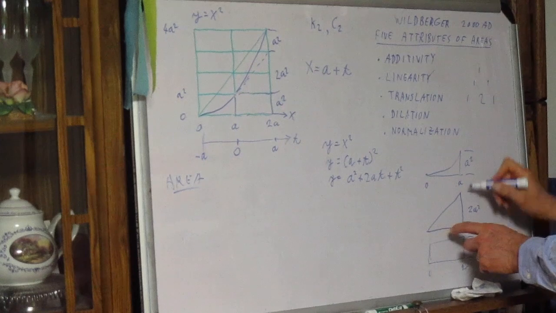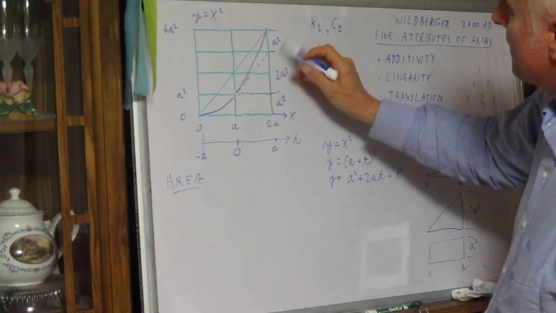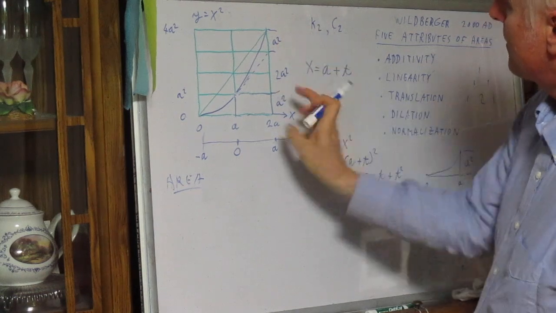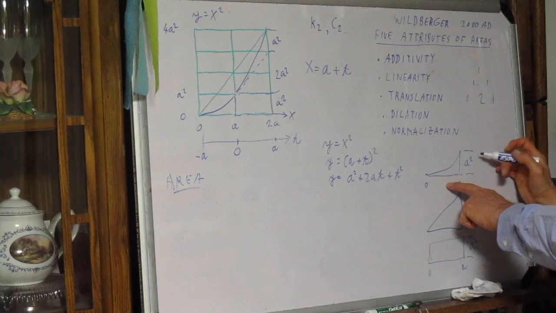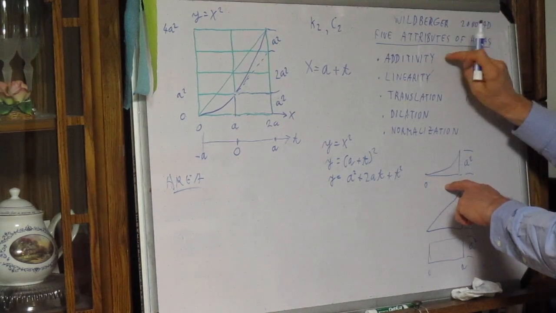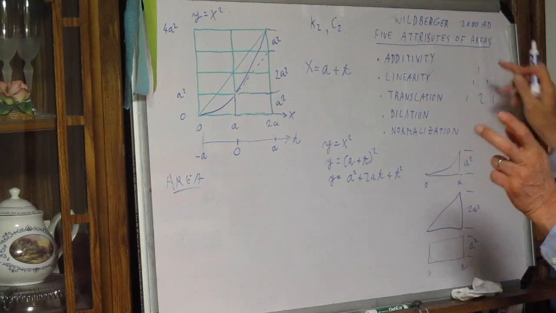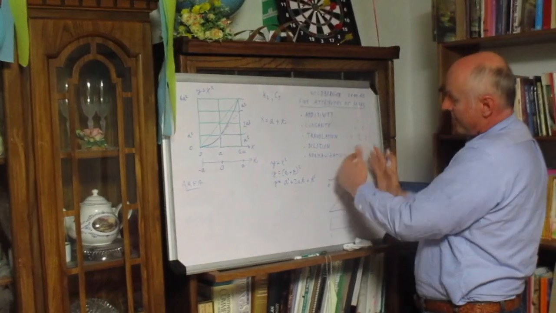Now add our triangle, 2a. It's 2a. This thing's a. And now add, and we're using additivity, okay? That's one of the attributes of areas. You can add that.